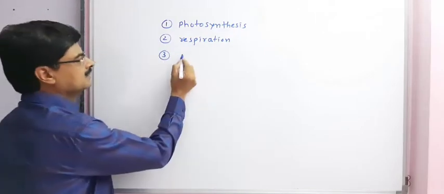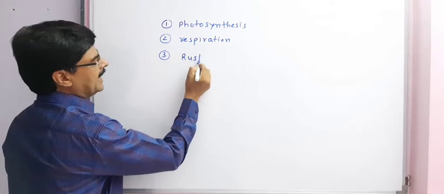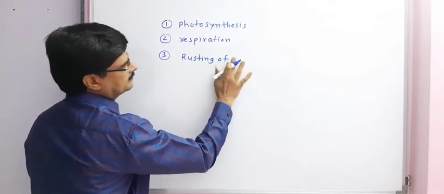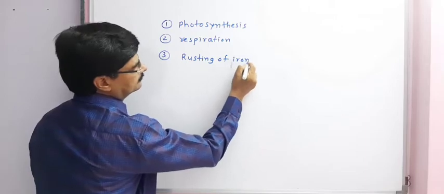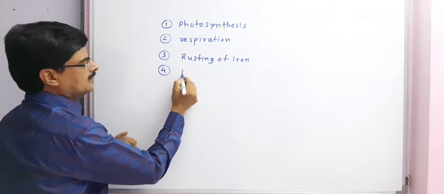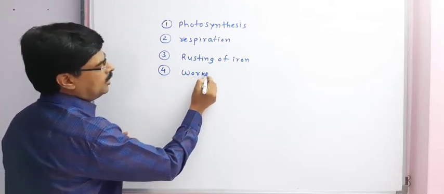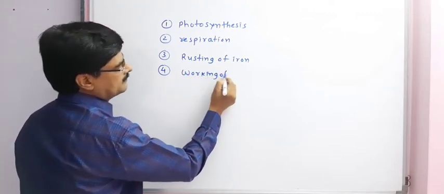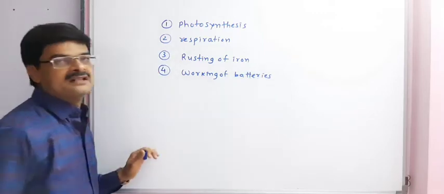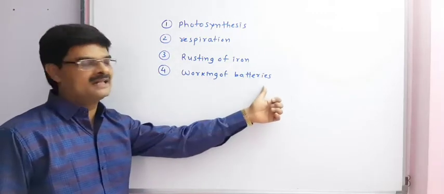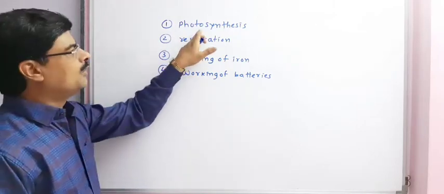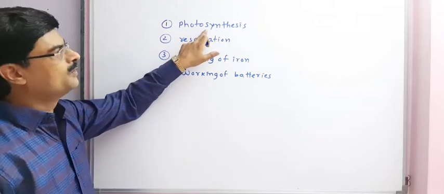Third, rusting of iron. Fourth, working of batteries, whether it is dry battery or wet battery. So these are some familiar examples of redox reactions.